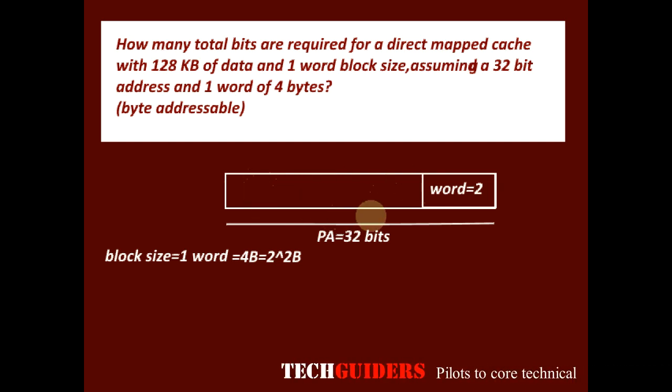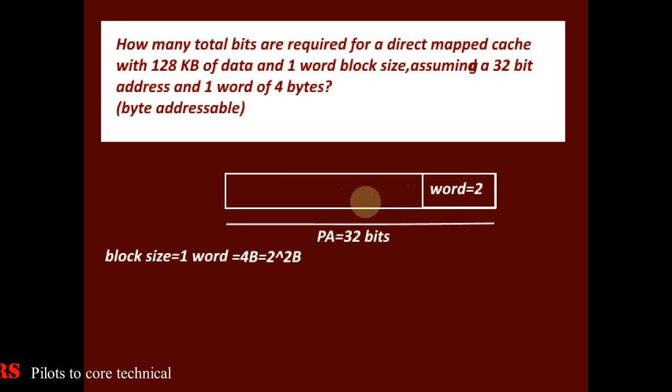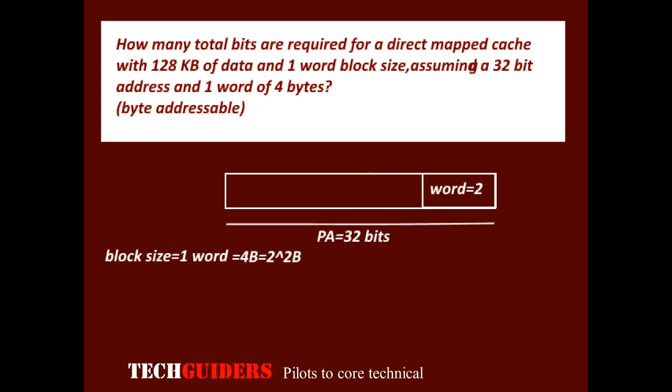Among the remaining 30 bits, the least significant particular number of bits will be used as the line number or the line index, which decides to which cache line it should be mapped. So we have to find out the number of cache lines.